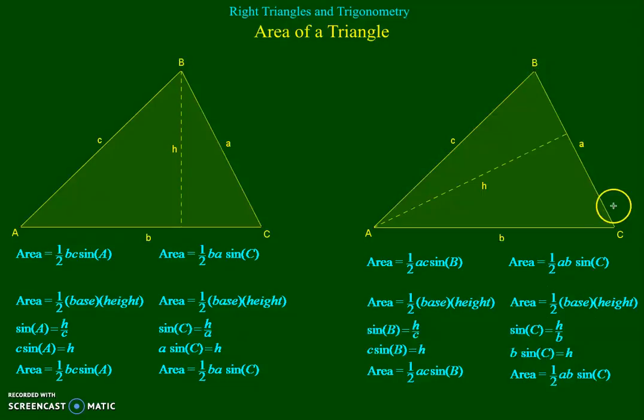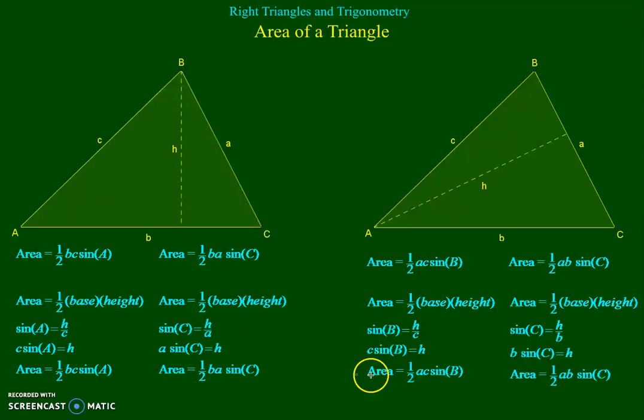Again, A is the base, 1/2 the base, A, and the height now becomes C. So it's sine C equals H over B. Solve for H, multiply both sides by B, and you have B sine C equals H. So we replace this height, H, with B sine C.